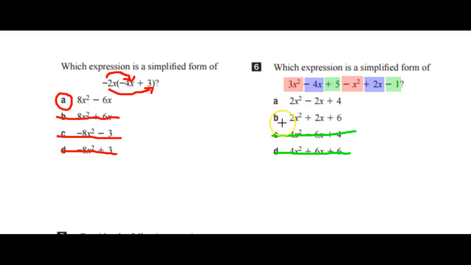So right away, I don't even have to go through my last term to figure this out. But again, if you're ever in doubt, take a look at the last term. 5 minus 1 gives me 4. So that should easily help me figure out that my answer needs to be A in this case.